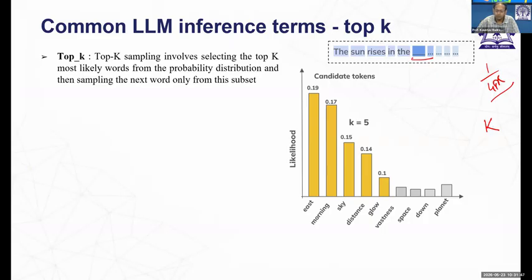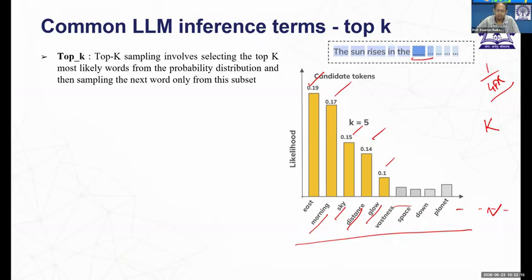Suppose in this example, the sun rises in the, fill in the blank, this is the probability distribution. East has the highest probability with 0.19, morning is 0.17, sky is 0.15, distance is 0.14, glow is 0.1, and then you have other words like vastness, space, down, planet. In this way, you have the entire vocabulary, whatever your size. They all have certain probabilities, might be very close to 0, but they have some probability.